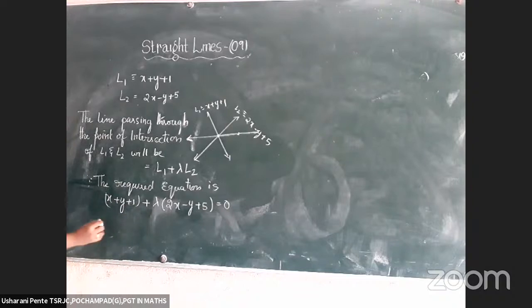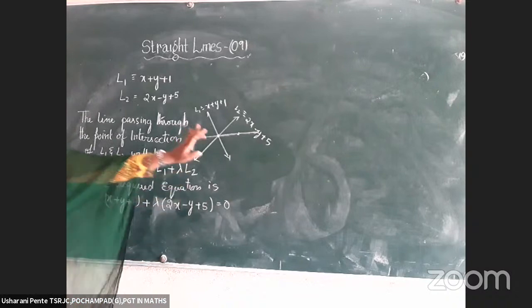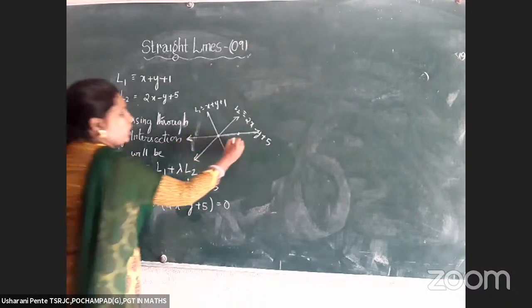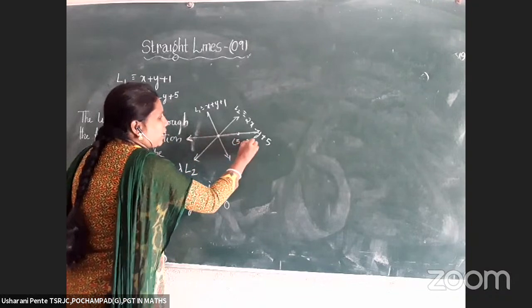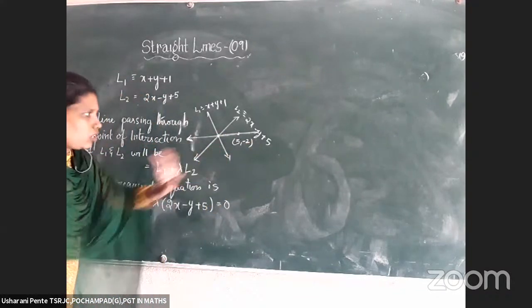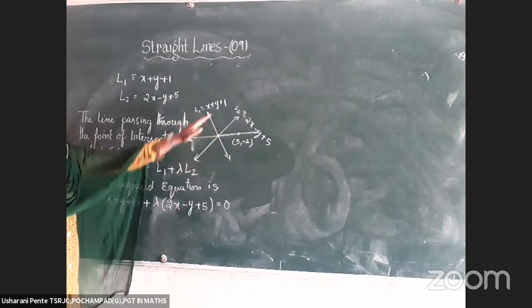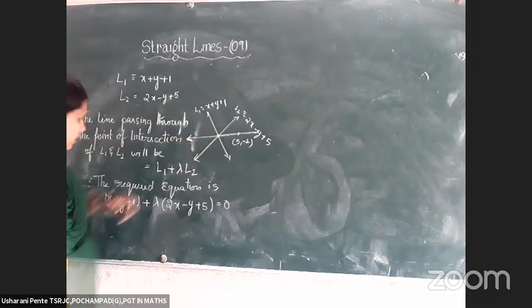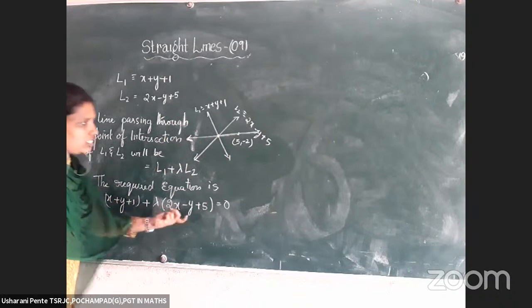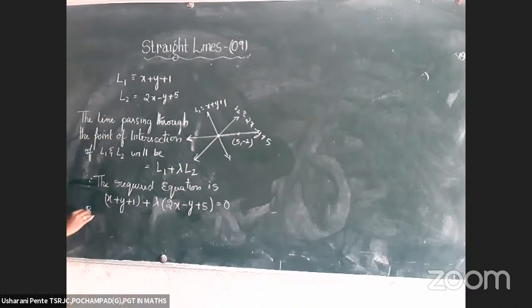And what they are saying more is that it is passing through a point. The required line is passing through the point 5 comma minus 2. It is not lying on any of L1 or L2, but it is passing through this point.